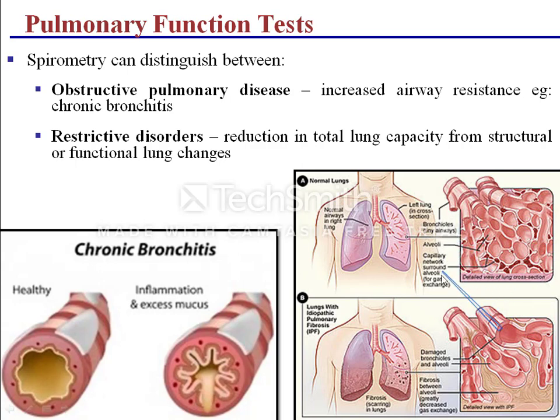We can see in this pictorial representation the normal structure in normal people, and here idiopathic pulmonary fibrosis causes structural and functional changes in the lung tissue. So this test is used to distinguish whether the person is suffering from an obstructive disease or a restrictive disorder.